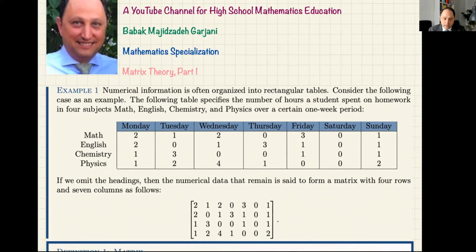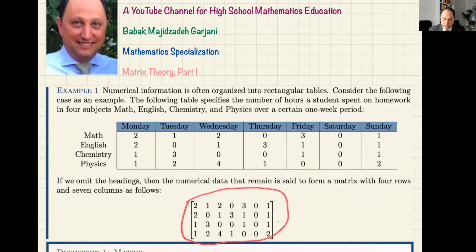And these are the number of hours the student spends on these particular subjects on the other days of the week. Okay, usually the data in the table is important for us, not the headings. For example, Monday, Tuesday, Wednesday, we can have a convention that we start from Monday and go to Sunday, and then the subjects are math, English, chemistry, and physics, written in one place as a guide, and then we can have these rectangular arrays for different students.